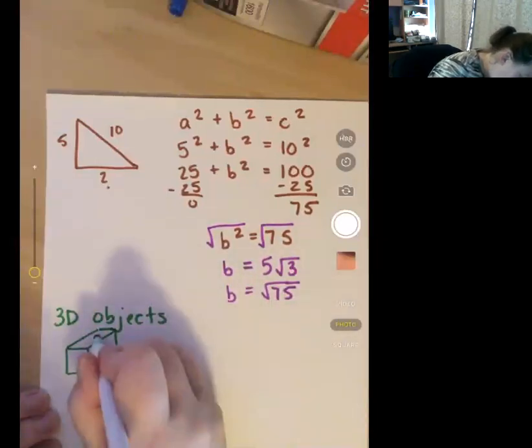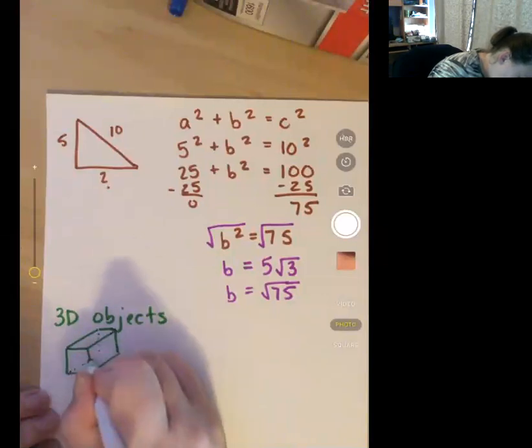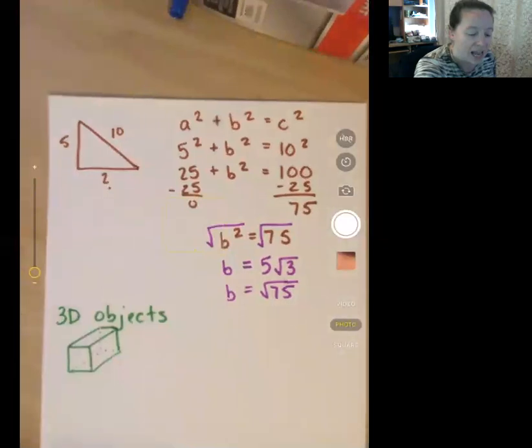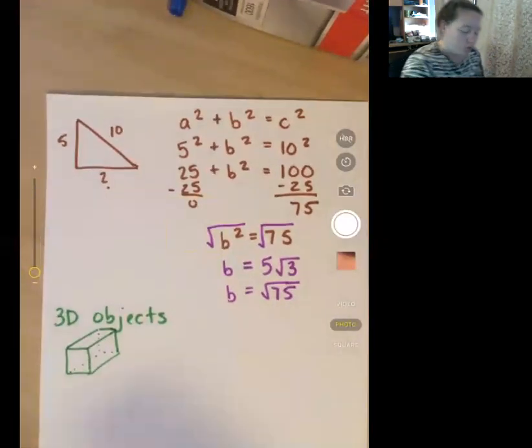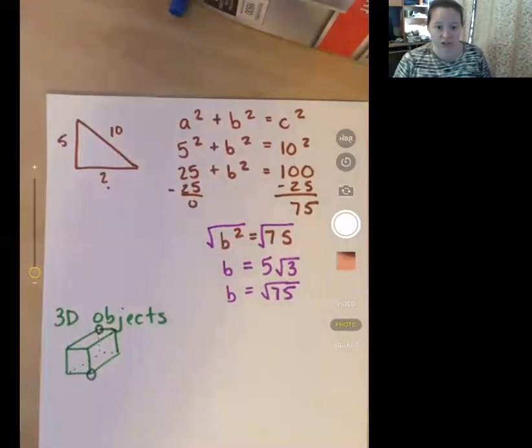I can do that with it, okay? So I can figure out how far it is from this corner to this corner using the Pythagorean theorem. So we're going to cut straight through the center of it.